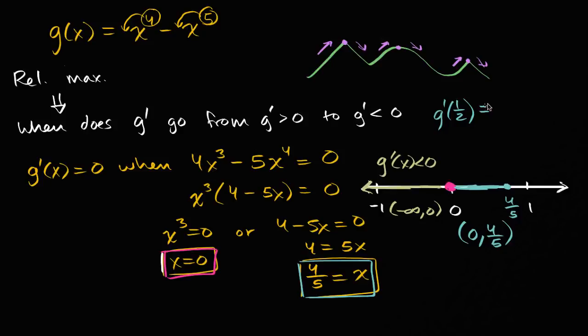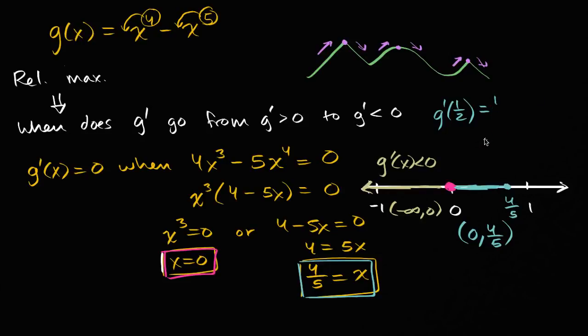So it's 4/8, or it's just 1/2, minus 5 times 1/2 to the fourth. So that's 8/16 minus 5/16, which is equal to 3/16. But the important thing is it's equal to a positive value.